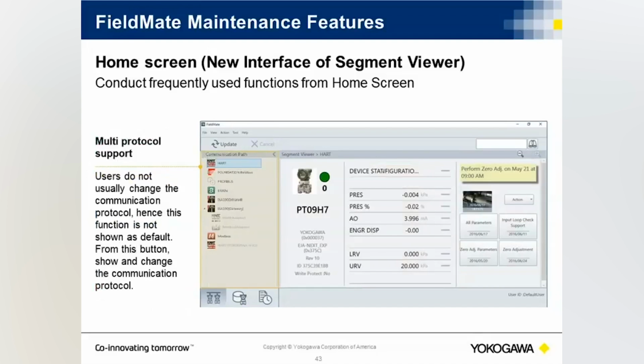Another feature of FieldMate is multi-protocol support. That allows you to seamlessly change communication protocols that FieldMate is using depending on the type of transmitter you have connected. This would essentially make your field work more efficient, without having to restart the software or perform other actions that could slow down work.